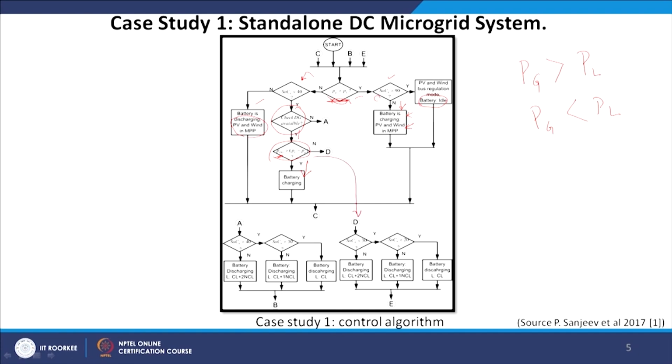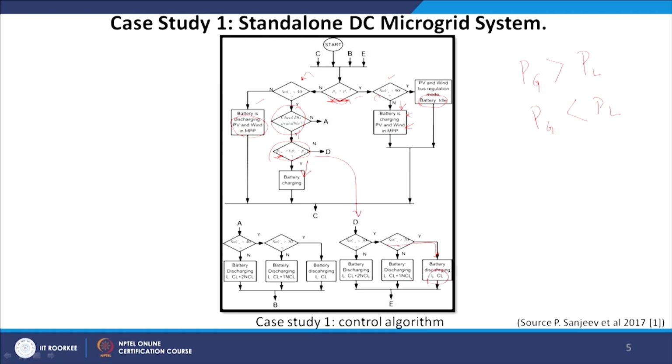Now, here I will see whether the battery state of charge is less than 30%, then I will charge my battery. If it is less than 30%, then I will check whether it is less than 20%, and if yes, then I can go for battery discharging and a single critical load can be met.